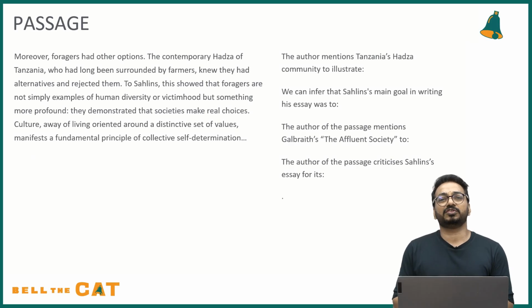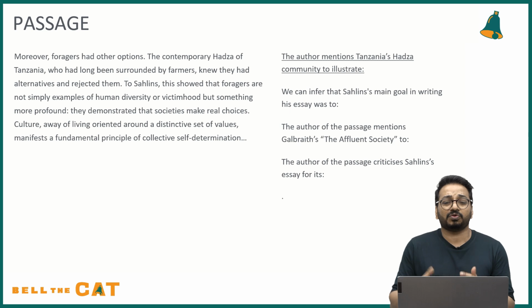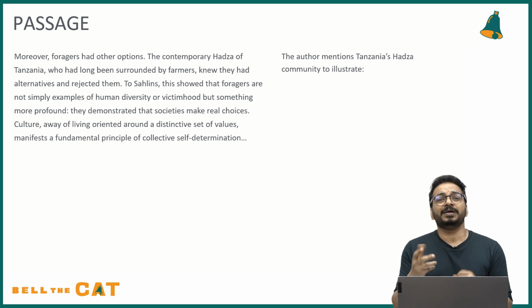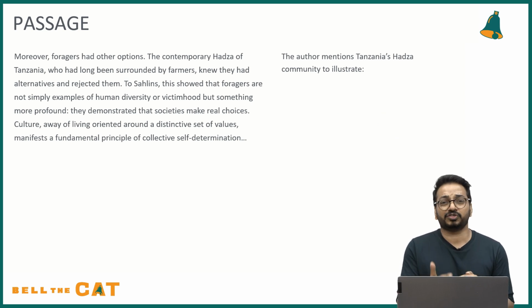Is there a question related to this paragraph? Very much. The first question: the author mentions Tanzania's Hadza community to illustrate... Right? So why is this example? Why does the author give this example? Whenever you have a logical structure question, "the author highlights X in order to", it is always to highlight a larger point.